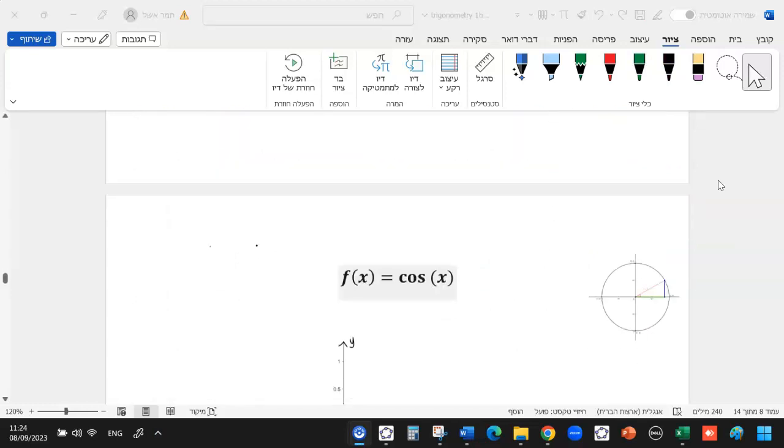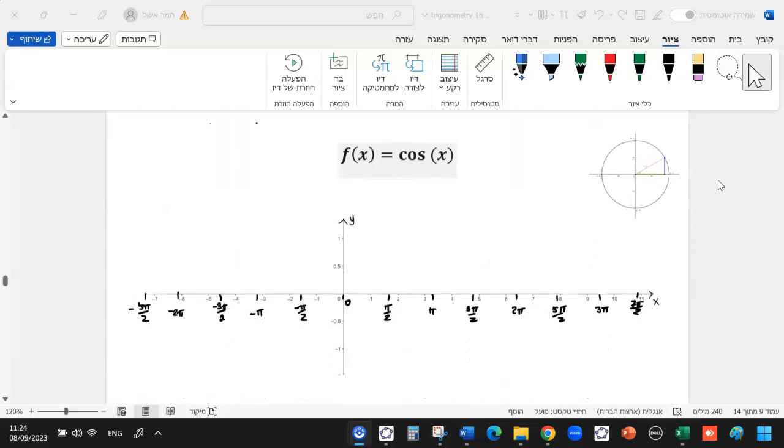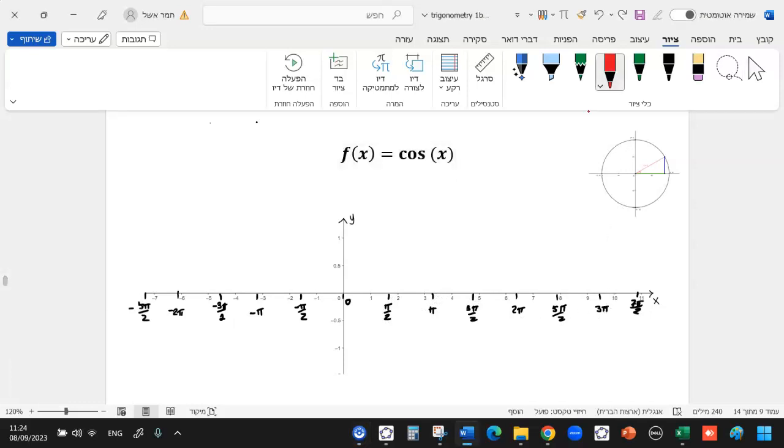Let's look at the cosine function. Again, we start with an xy system where we mark the units of pi over 2, pi, 3 pi over 2, and so on. Let's see where cosine equals 0. It's on pi over 2 and minus pi over 2, 3 pi over 2 and minus 3 pi over 2, minus and plus 5 pi over 2 and 7 pi over 2.